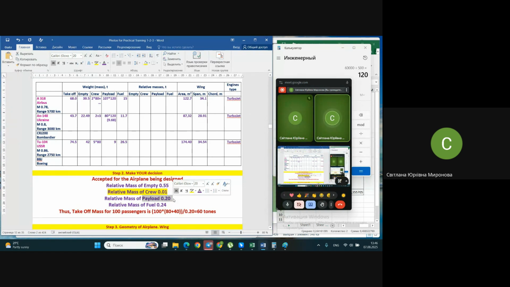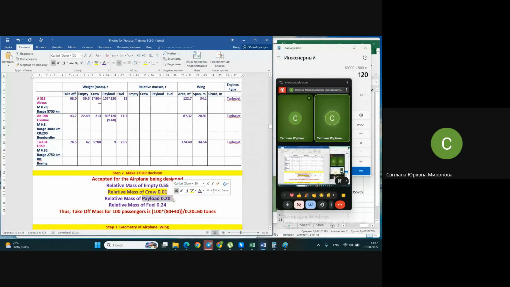And the relative mass of fuel depends on the dispersion of ranges. The shorter ranges correspond to less relative mass of fuel, the longer ranges to more relative mass of fuel. Actually, it's not much, around 5-7%, if we talk about civil airplanes. When it comes to military airplanes of different classes, it's quite another story.